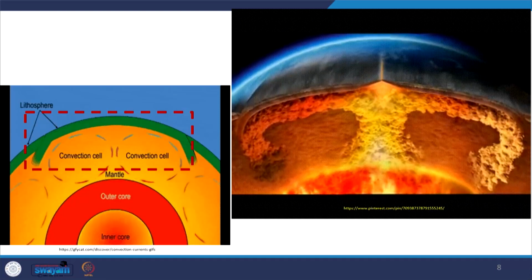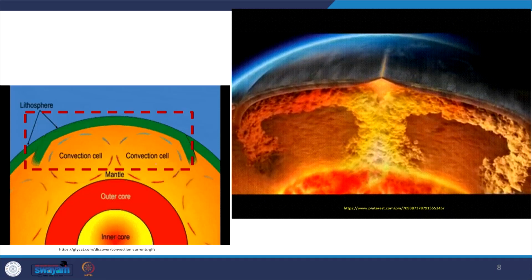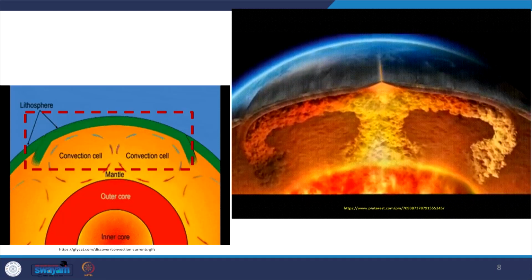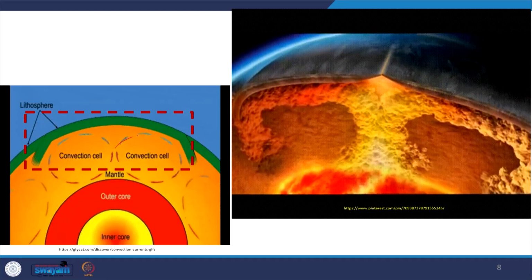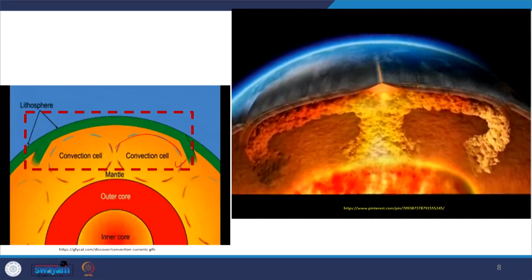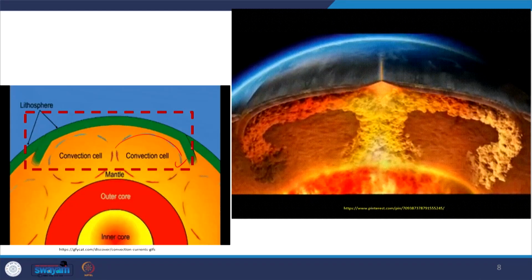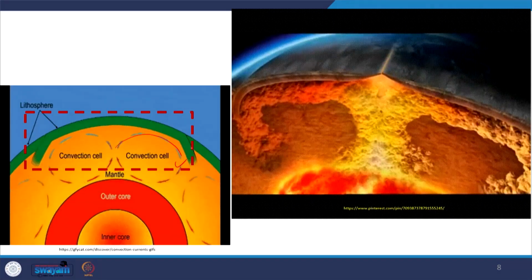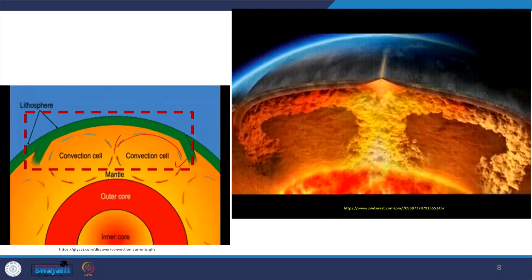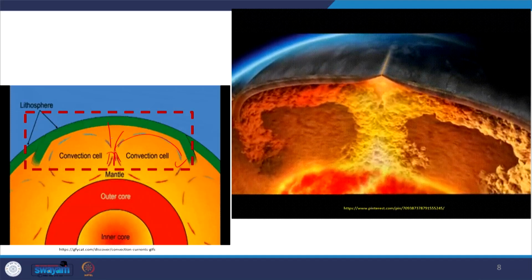If you see, we have the mantle convection, that means below the lithosphere we have the asthenosphere, and the asthenospheric material is deforming by plastic deformation. It is not solid, it is semi-solid. This is the area where upwelling occurs, you see these motions are towards up.